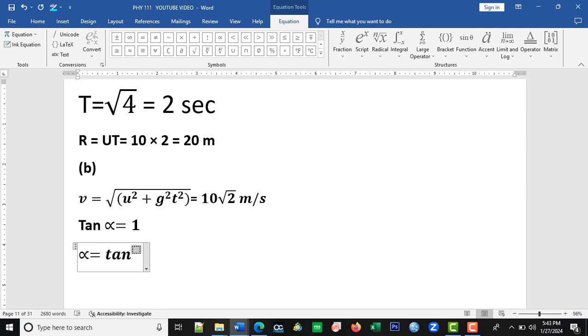Tan inverse of 1, that's how to represent it, would give us 45 degrees.